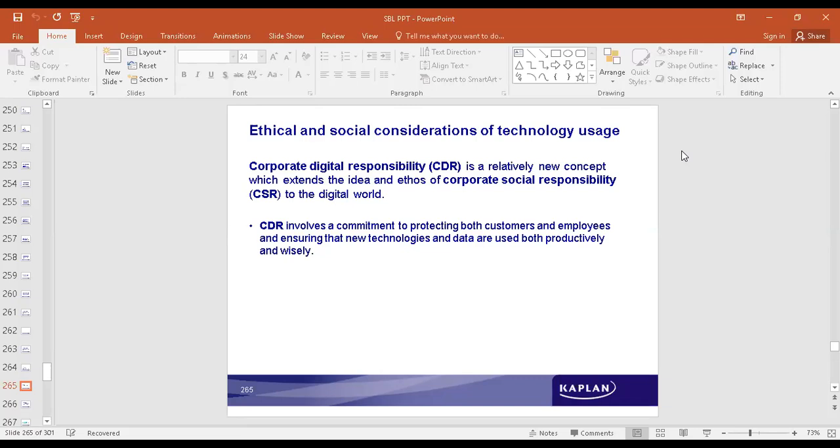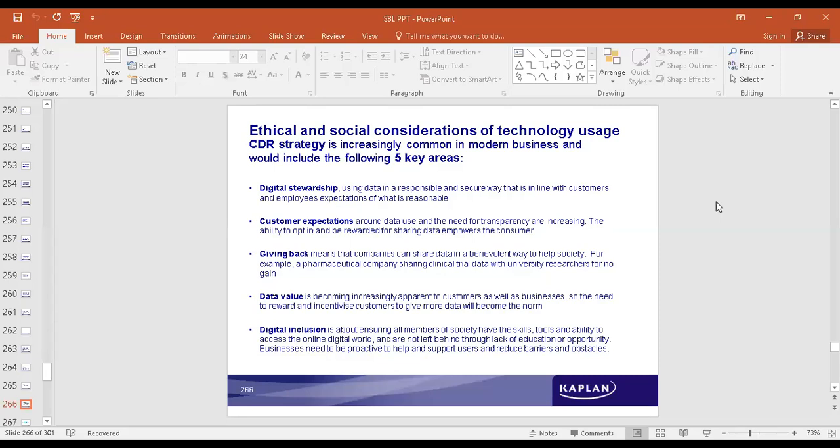CDR involves a commitment to protecting both customers and employees and ensuring that new technologies and data are both used productively and wisely. So there would be no misuse of any kind of data. So it protects the interests of both the customers as well as the employees. That concept is called corporate digital responsibility.